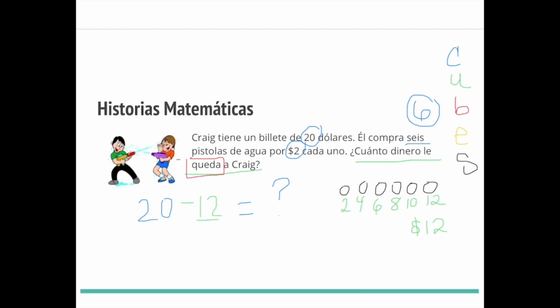20 menos 12. Contemos hacia adelante. 20 menos 12 es igual a... 12, 13, 14, 15, 16, 17, 18, 19, 20. ¿Le queda cuánto dinero?